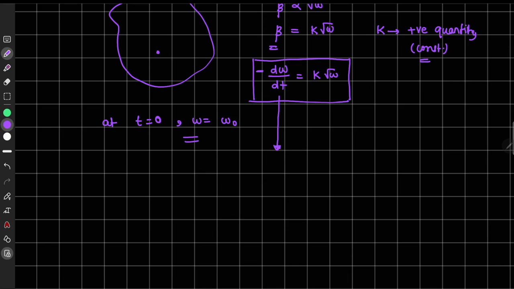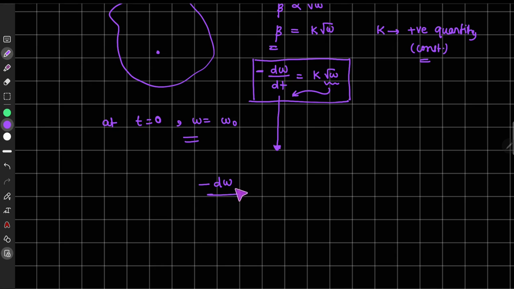Let us first find omega as a function of time. We can write minus d omega equals k root omega dt, taking root of omega to the other side.